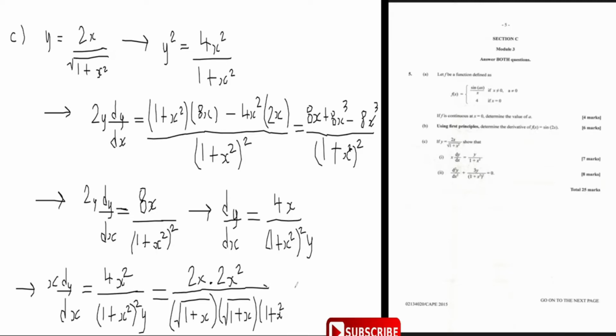And it is still being multiplied by y. I can break up the denominator like that. All right, nice.